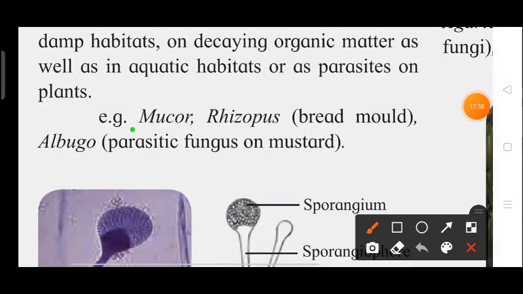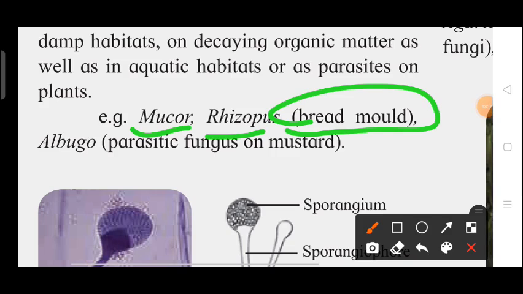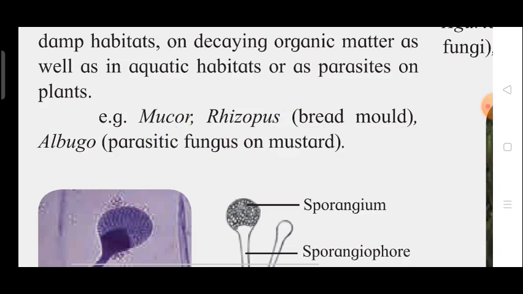Examples are Mucor, Rhizopus, bread mold, or Albugo. Albugo is a parasitic fungus on mustard.